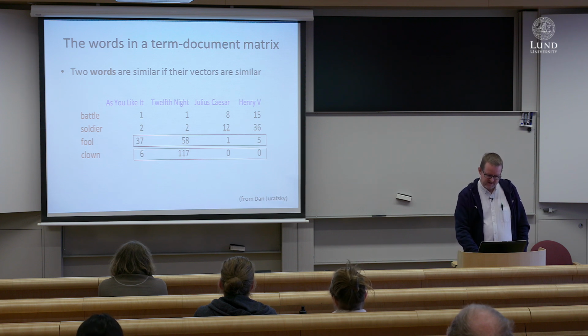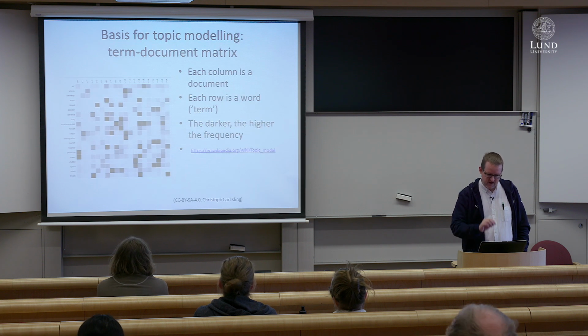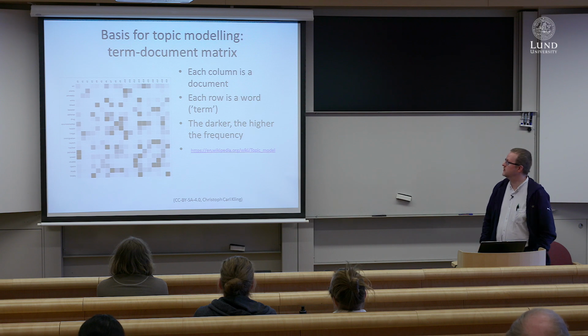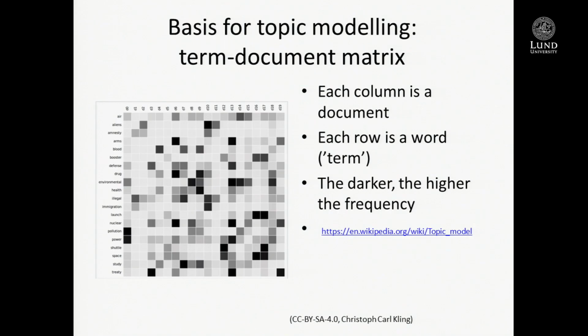And now if we extend it, because it's 4 words, 4 plays, let's do a little larger example. Here we have like 20 documents, I think, and 20 words. Each column here is a document. It's named by the D and the number.